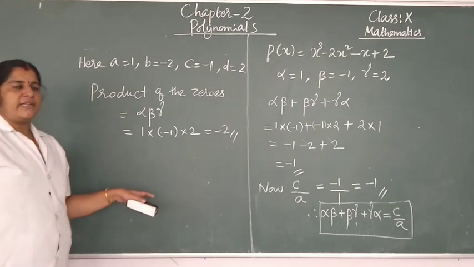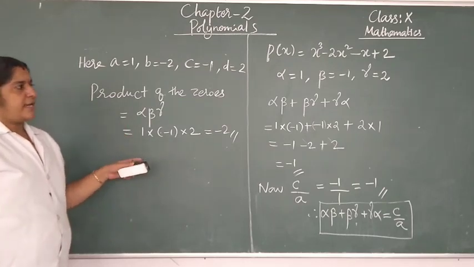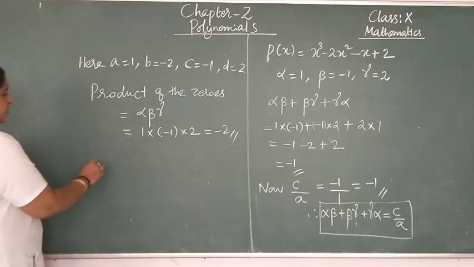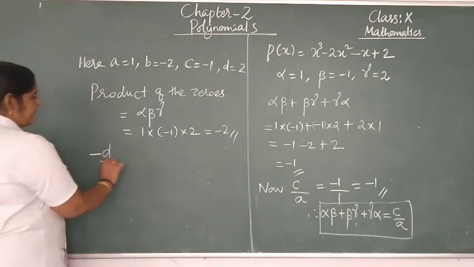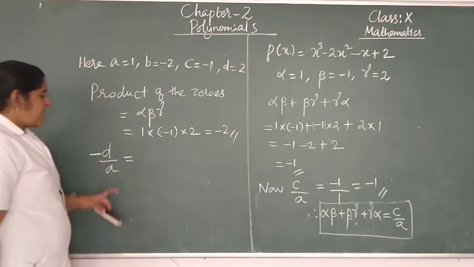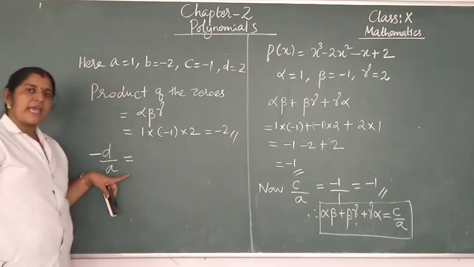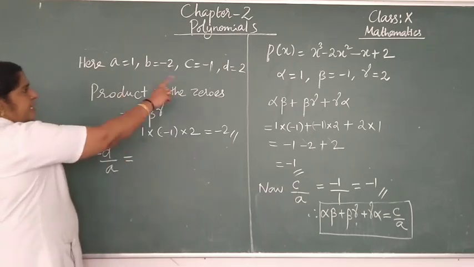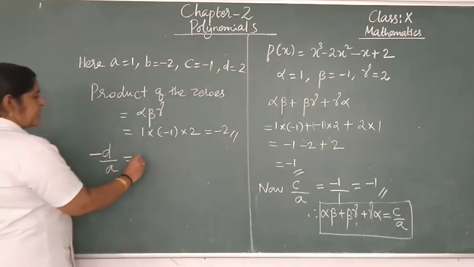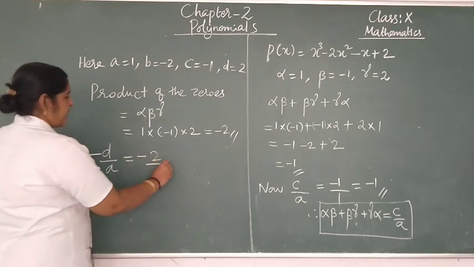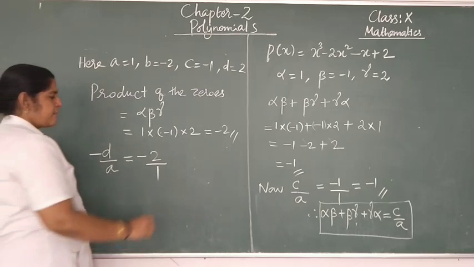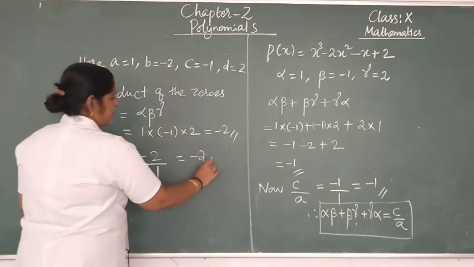Now to get the relation, we need to find out minus d by a. So let us check what is the value of minus d by a. What is d? D is the constant term and a is the coefficient of x cube. So we have already written what d is, 2. So minus d becomes minus 2 by a, where a is 1. So minus 2 by 1 is minus 2.